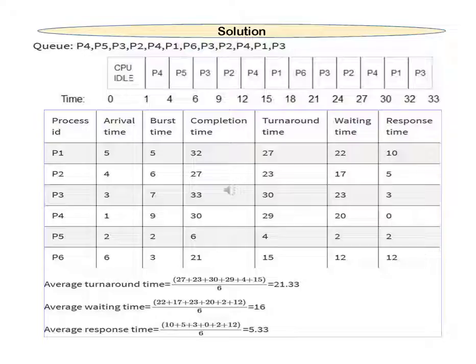So the CPU idles here. The Gantt chart here is 0 to 1. The first step is P4, so the time quantum is also given as 4. Four is given here, 3 is given.